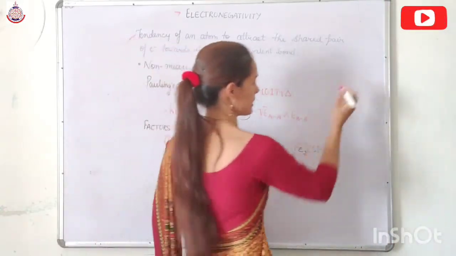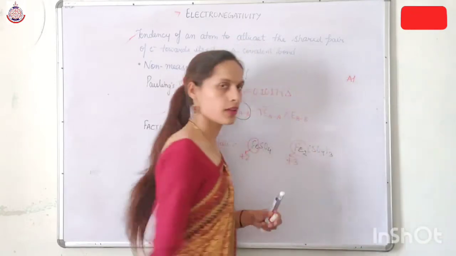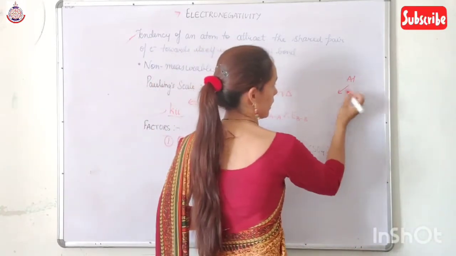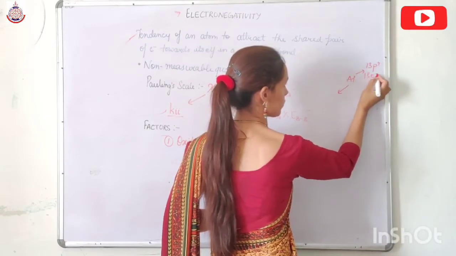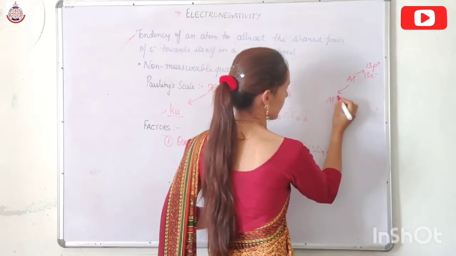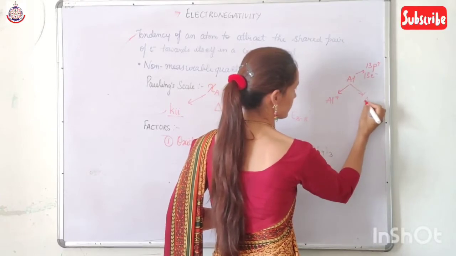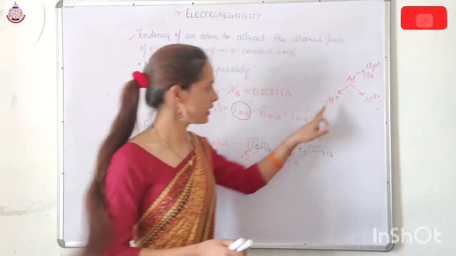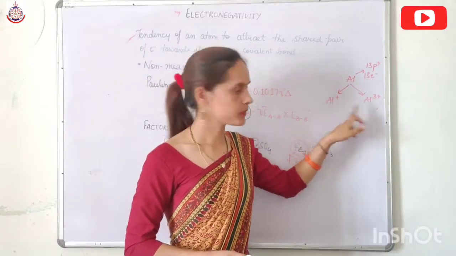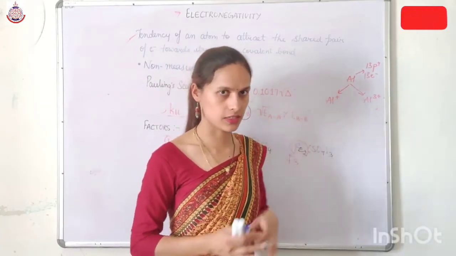Let us consider aluminium. In aluminium we know that we have 13 protons and 13 electrons. Now suppose I am converting aluminium into Al+, and on the other side I am converting aluminium into Al3+. In one the oxidation state is +1, in the other it is +3.